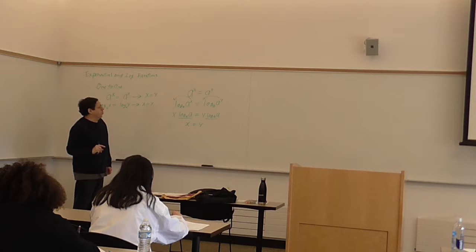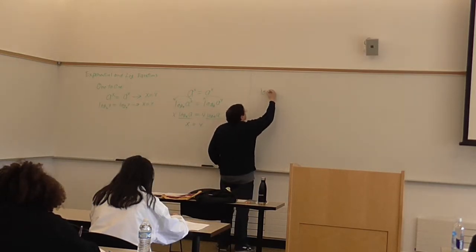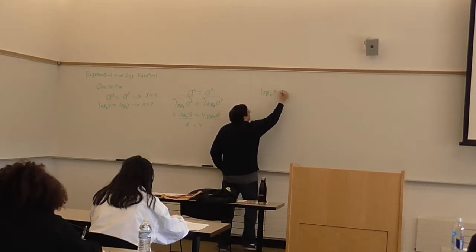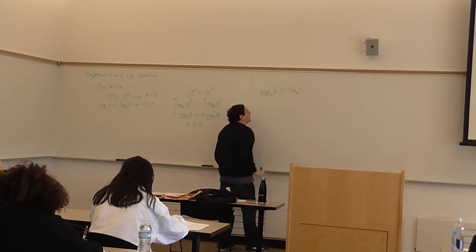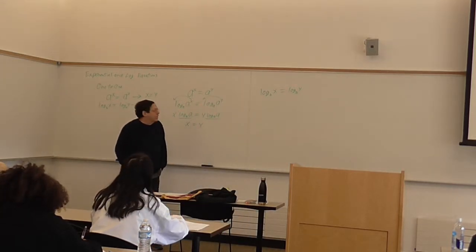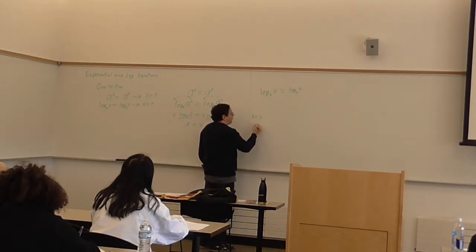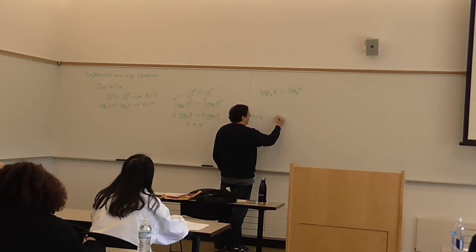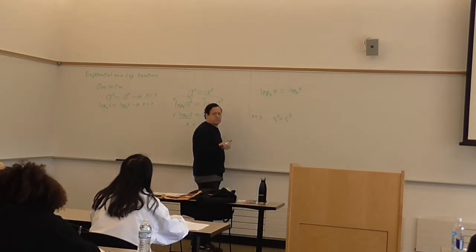The other side of this works just as well. I have log to the base b of x equals log to the base b of y. Well, if I have, say, x equals 3, I can certainly say 5 to the x equals 5 to the 3, right?